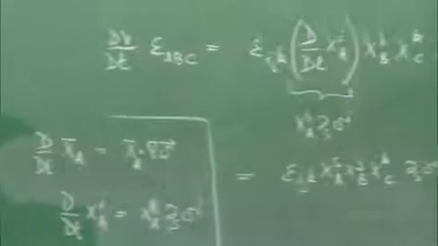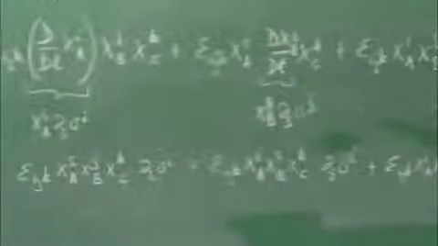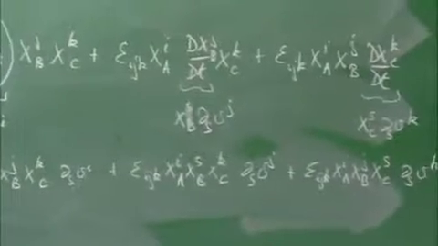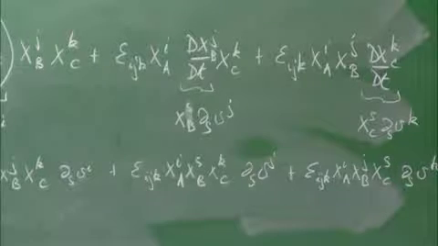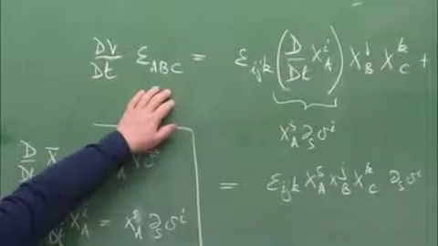What I'm now going to do is multiply both sides by epsilon superscript ABC and sum.